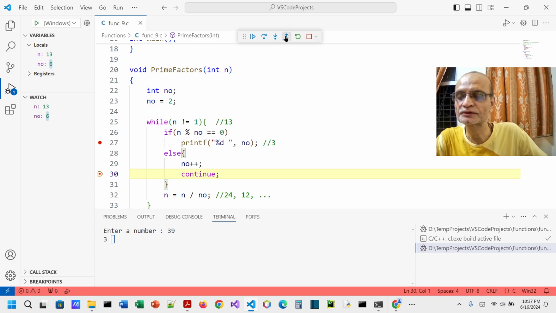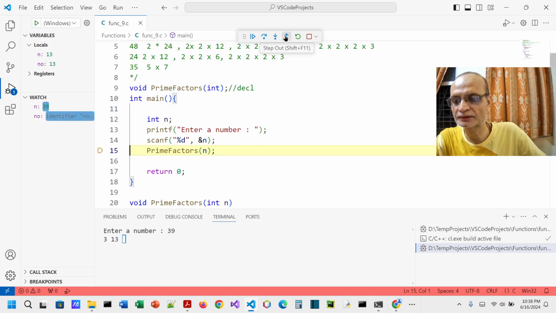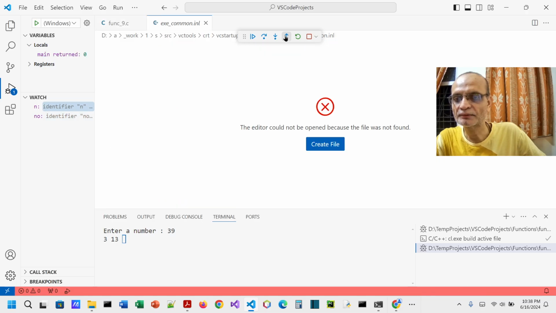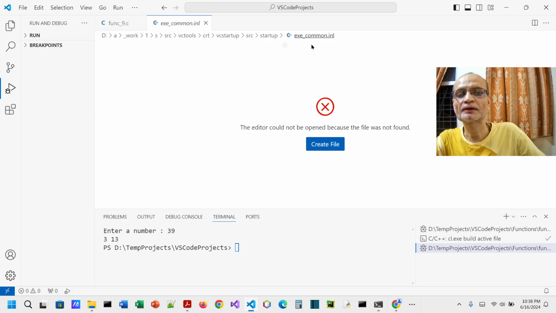So 6, then 7, then 8, you still see n is 13, and then you will see 9, 10, 11, let's see the watch on the left hand side, 11, then 12, and then 13, and that means 13 mod of 13, that's what I told you. Obviously this will print 13, so now 13 will get printed, then it will come out, and it has come out. So that's the way typically this particular thing happens.